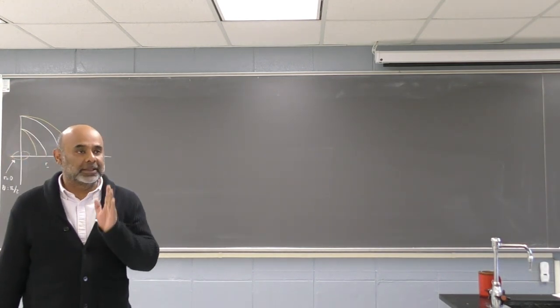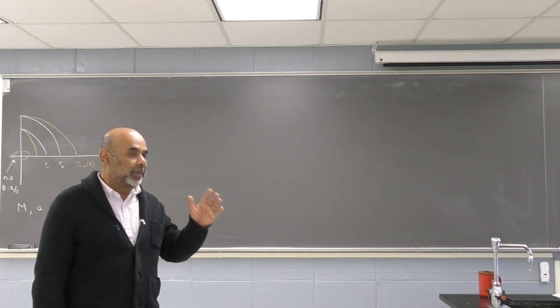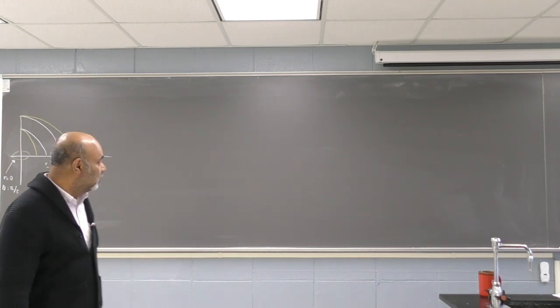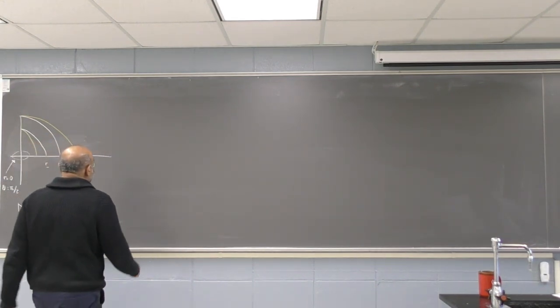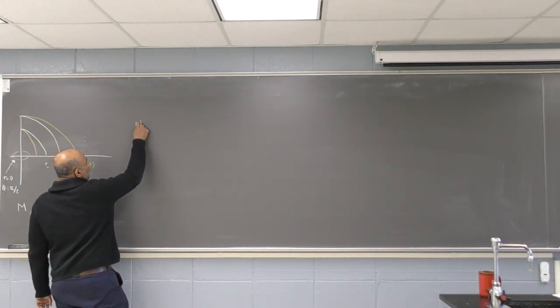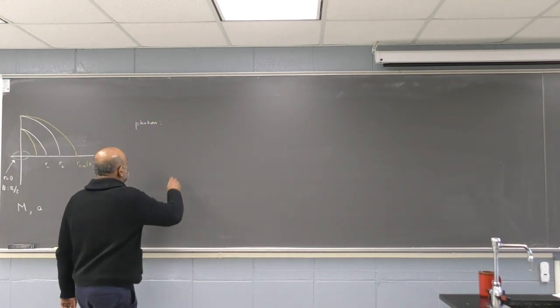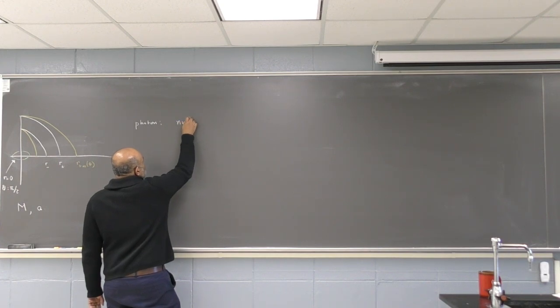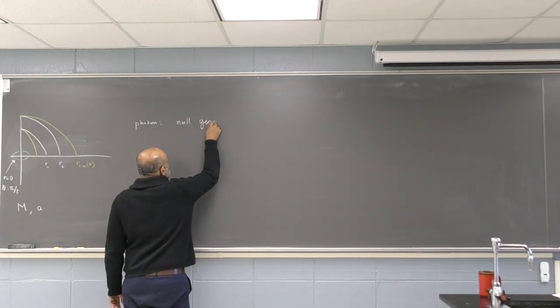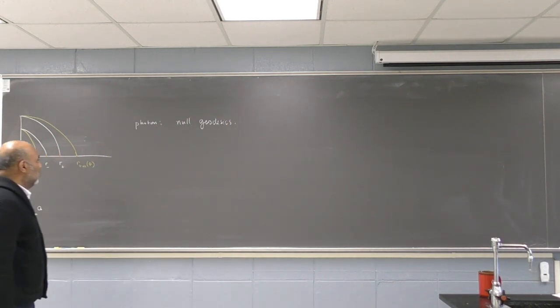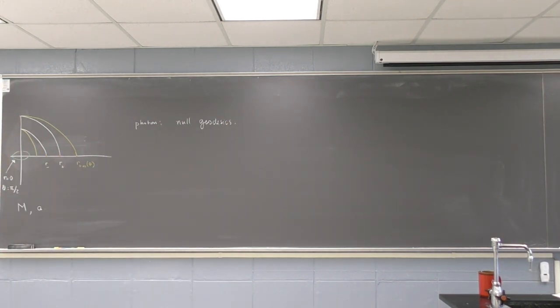If you're a mathematician, you may not be familiar with the physics portion here, but if you look at an individual photon, a single particle of light, photons travel through null geodesics. And I'll explain what null geodesics are.